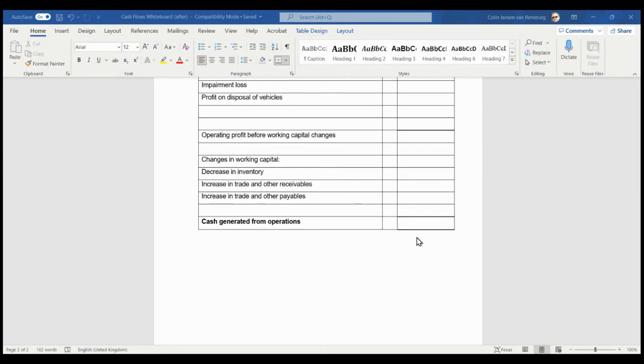If there was an increase in our trade and other payables, now the other way. If there's a decrease in trade and other payables, it means, first of all, we haven't made as good use of the credit facilities that they have provided us, which in turn means we've paid them better this year as compared to last year.